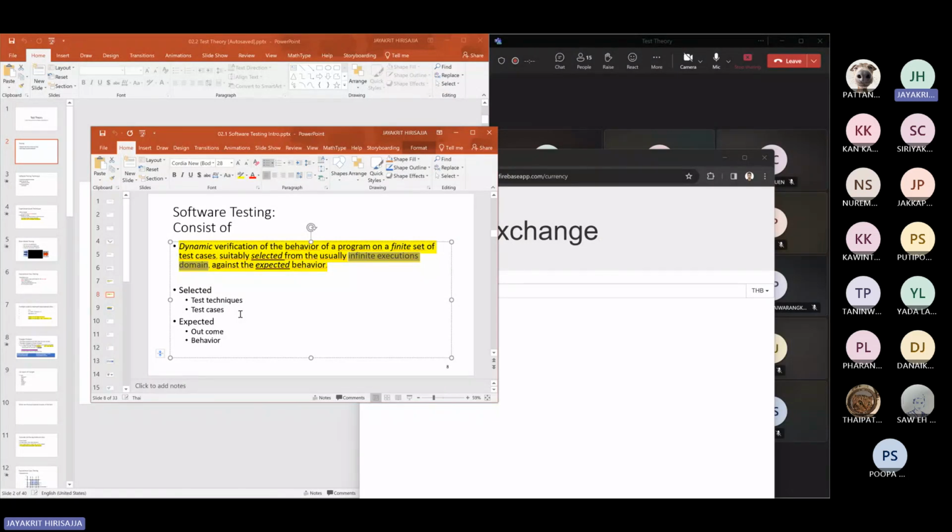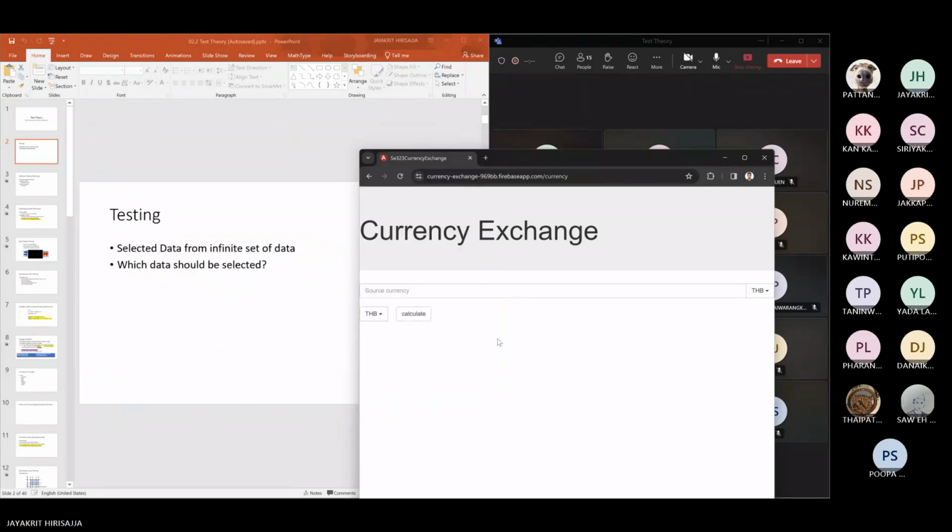That is why we should select the proper data, because the software will be executed many times, repeatedly or unexpectedly, over time. Before we deliver the software, we need to test it, so how should we select that kind of test and design the data?